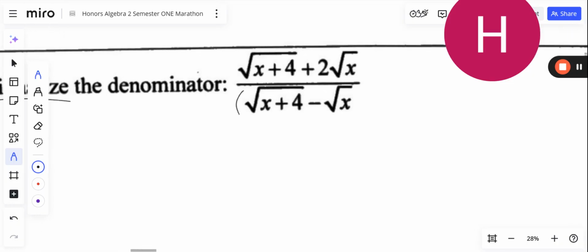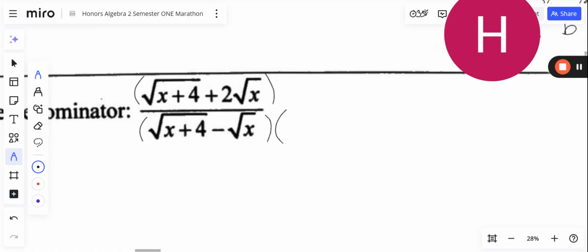So whenever you multiply a term by its conjugate, which in this case would look like this, I call it the evil twin. In this case, it's the good twin. Notice the plus in between, as opposed to the minus in between. That is the difference that makes this the evil twin versus the good twin.